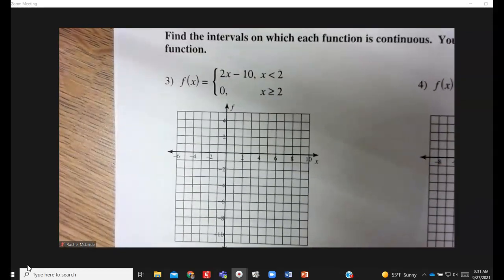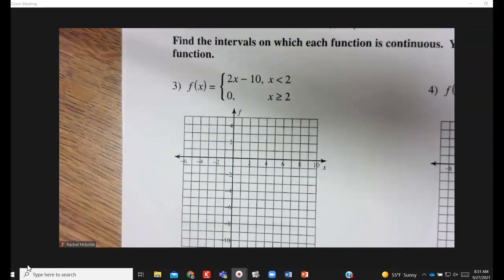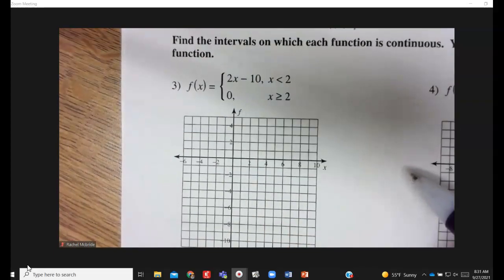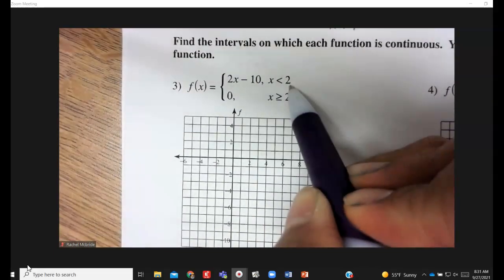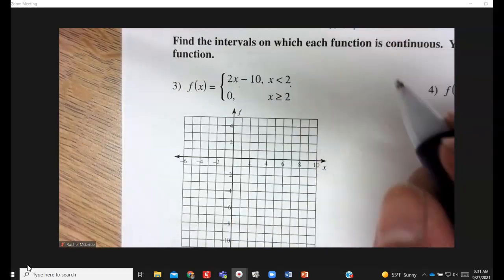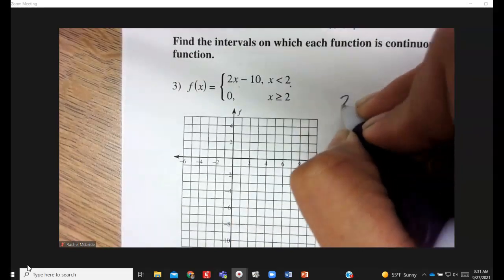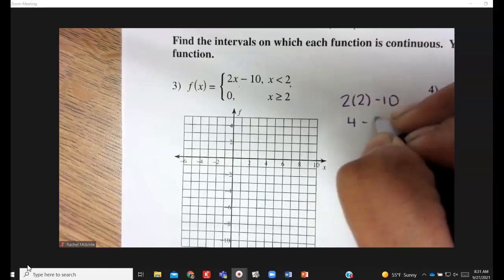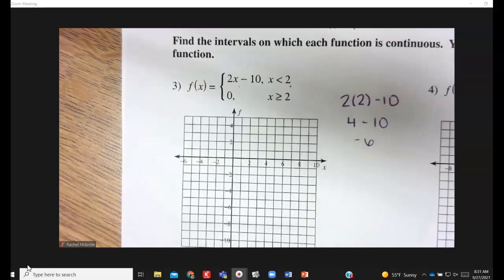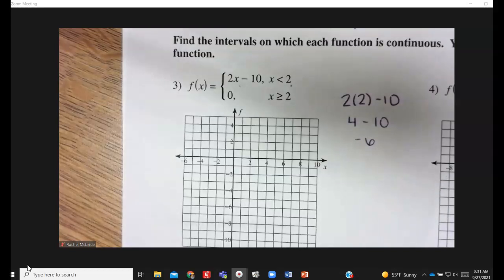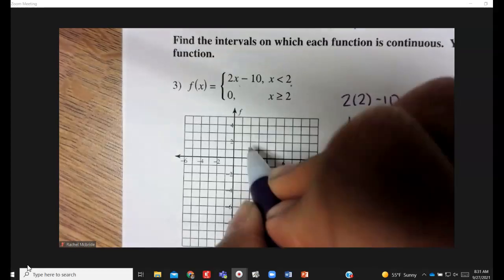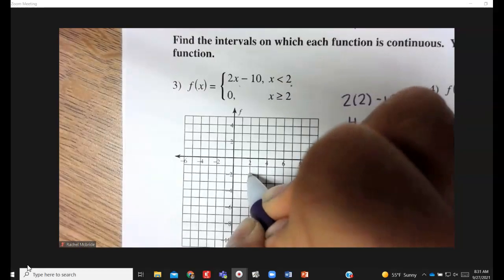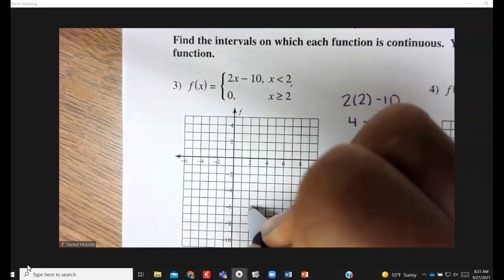Okay, this time we're not given a graph. So in order to sketch it, you're going to plug in the function value. So I would plug in 2 times 2 minus 10, and I get negative 6. So that means at x equals 2, we have an open circle at negative 6.